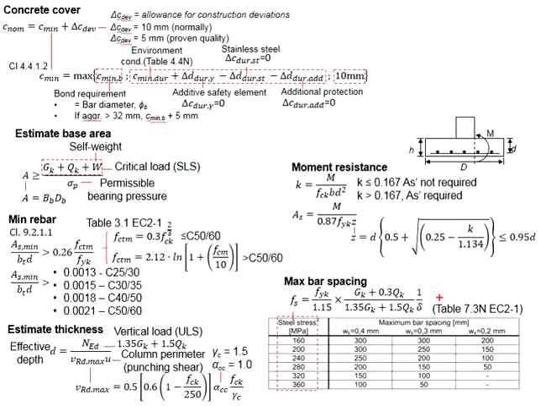This can be determined from Table 7.3 in Eurocode 2 Part 1. You may use these formulas to determine the stress in the reinforcement, and then determine the maximum bar spacing based on the crack width of 0.3 mm. If you look at the equation here, you need information regarding the Gk and Qk.